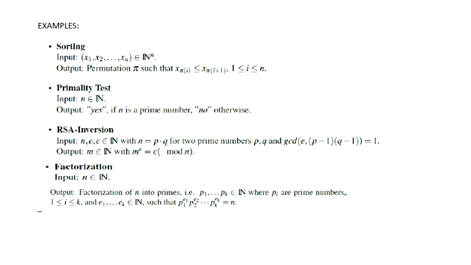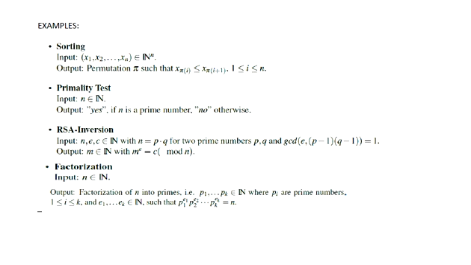There is a problem called RSA inversion, where the input is n, e, c, which are natural numbers, and n is equal to the product of two prime numbers p and q, and the greatest common divisor of e and (p minus 1)(q minus 1) is equal to 1.